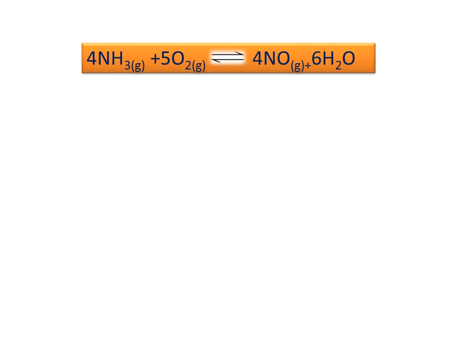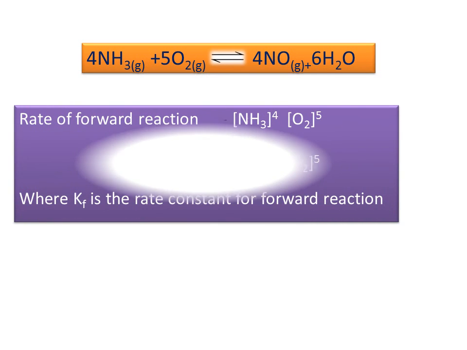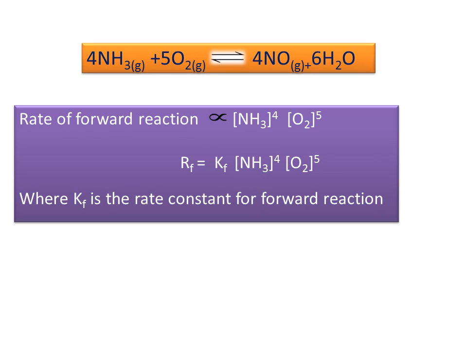Now the next one is, when 4 moles of ammonia react with 5 moles of oxygen, it will give us 4 moles of nitric oxide and 6 moles of water. Okay, so now rate of forward reaction will be directly proportional to concentration of ammonia, and this 4 is the coefficient for the 4 moles of ammonia, and concentration of oxygen, and we put this 5 because we have 5 moles of oxygen.